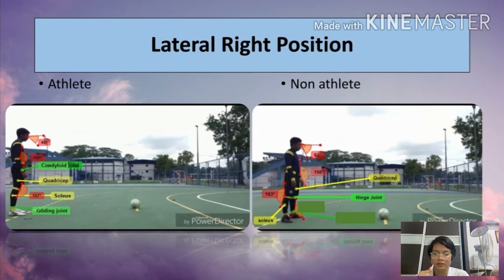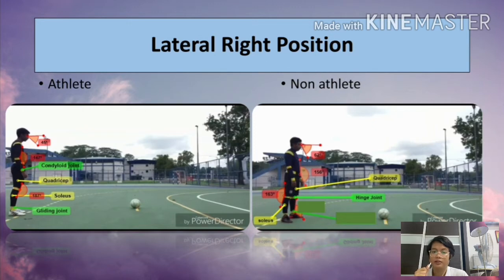Next, as you can see, the body of the athlete is a bit lean forward than the non-athlete, which is the athlete is at 147 degree and the non-athlete is 156 degree.